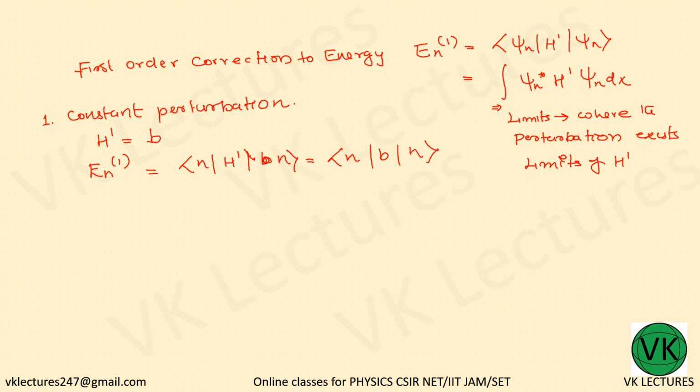Now since b is constant, because this is a constant perturbation, we can write this equal to b into n. Now this n is nothing but 1, because n is nothing but integral psi n star psi n dx. This is nothing but the total probability equal to 1.